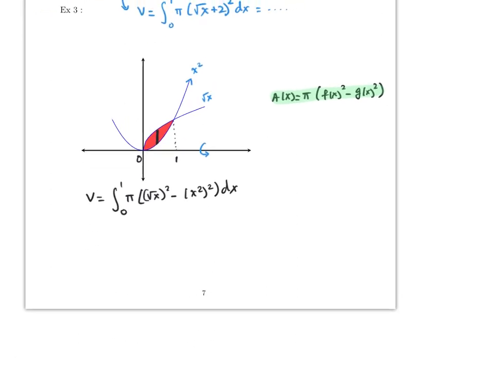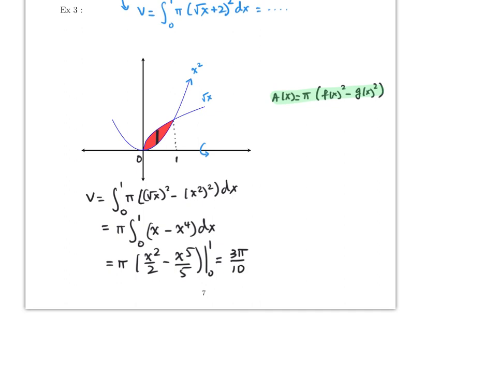Then if you do a little bit of algebra, this is pi, the integral from 0 to 1 of x minus x to the 4 dx, which is pi times x squared over 2 minus x to the 5th over 5, from 0 to 1. You should check that this is just 3 pi over 10. And that's in cubic units. And that's it for that.